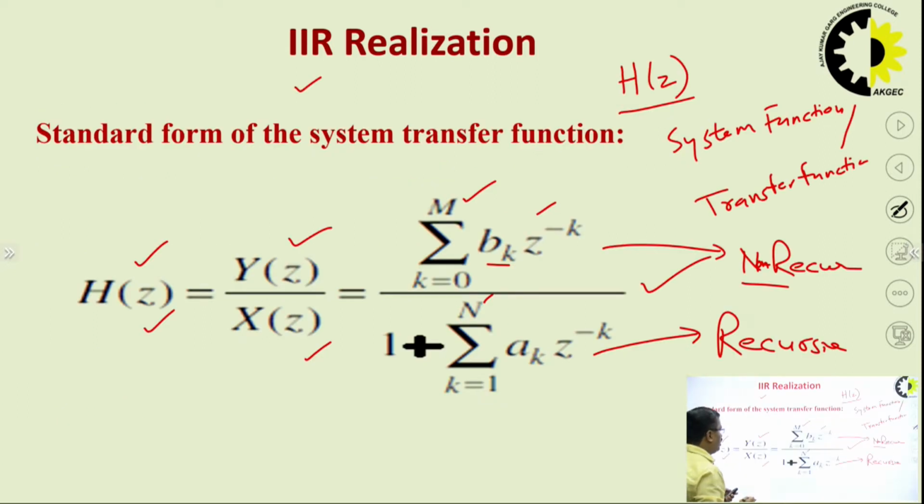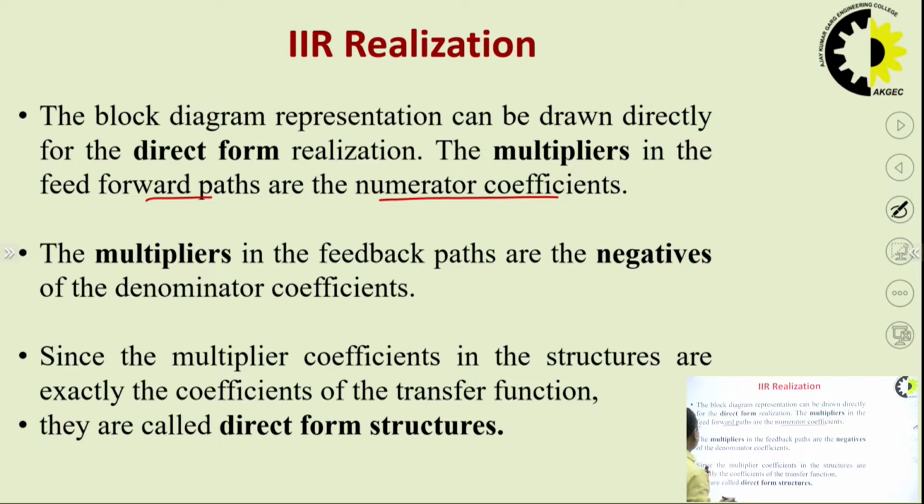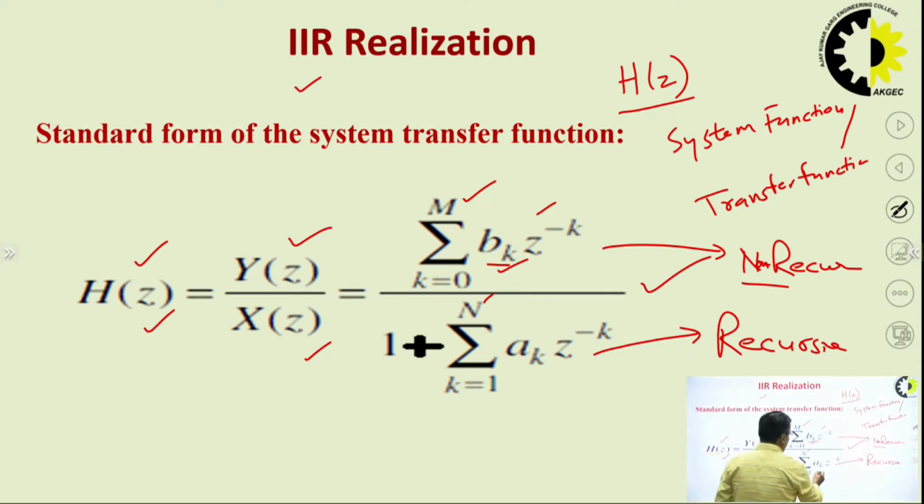So, these multipliers like b_k start from b0, b1, b2, b3 up to b of capital M. These are the feed forward path, or you can say these are the numerator coefficients for the non-recursive term. Similarly, multipliers in the feedback path are the negative of the denominator coefficients. So, here you can see these multipliers.